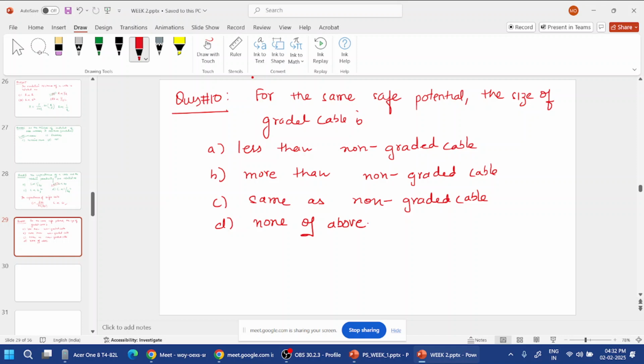So write in the correct option as your answer.